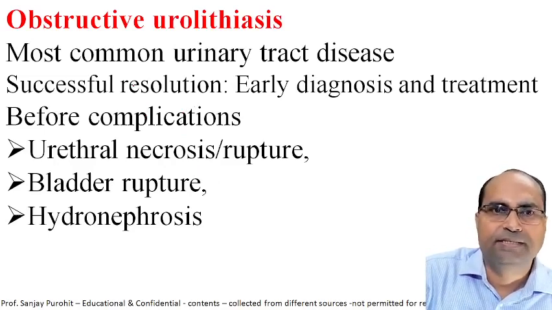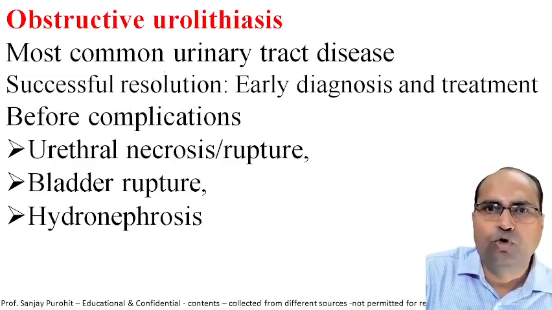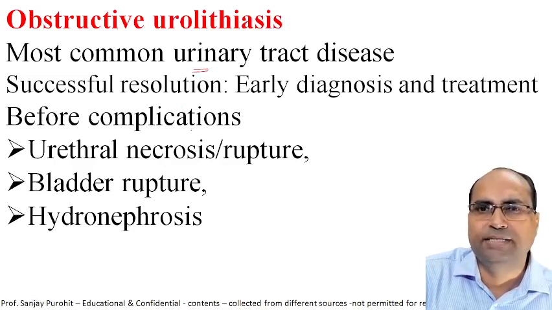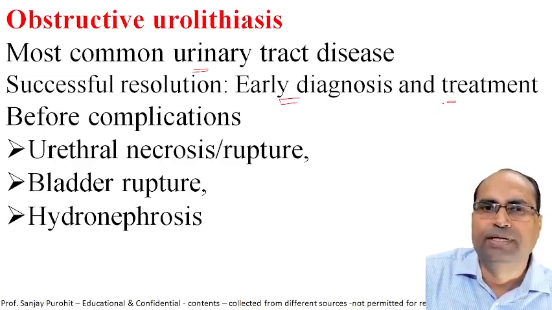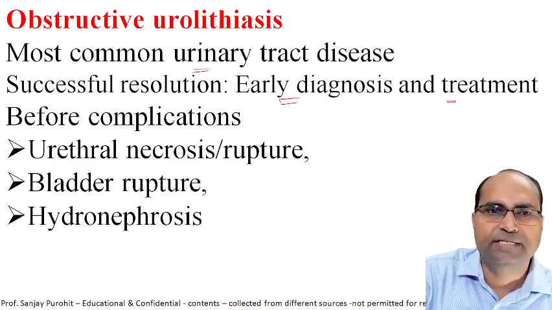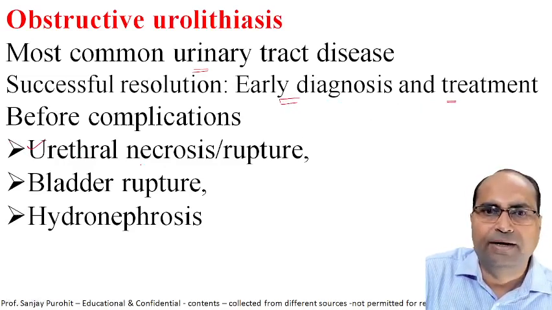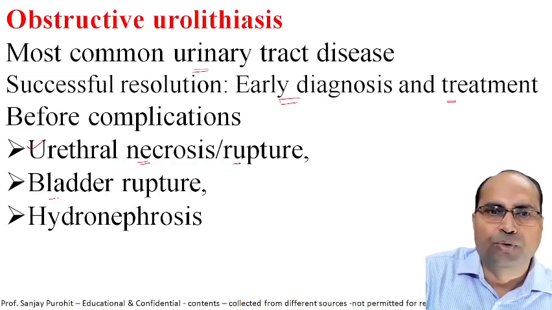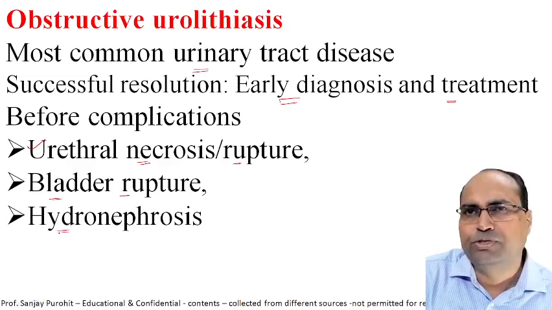Obstructive urolithiasis is the most common urinary tract disease. Successful resolution of obstructive urolithiasis depends upon early diagnosis and treatment before complications such as urethral necrosis or rupture, urinary bladder rupture, or hydronephrosis occur.